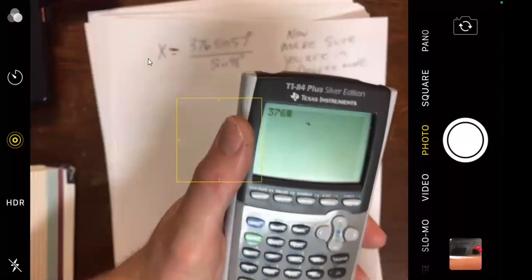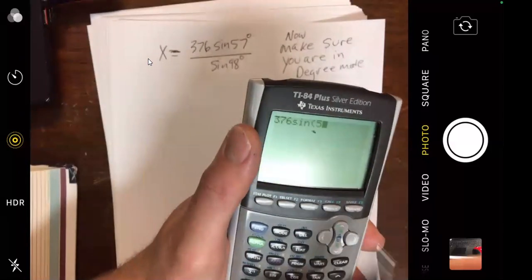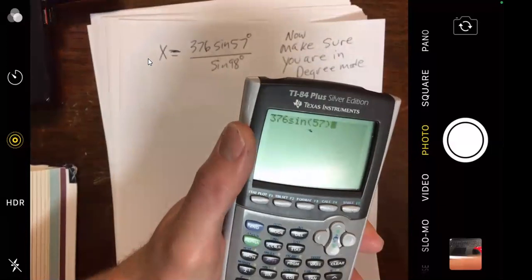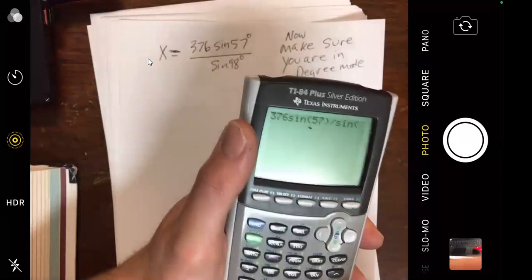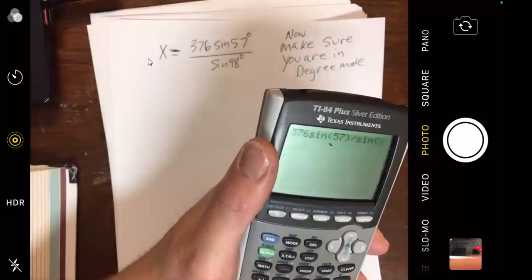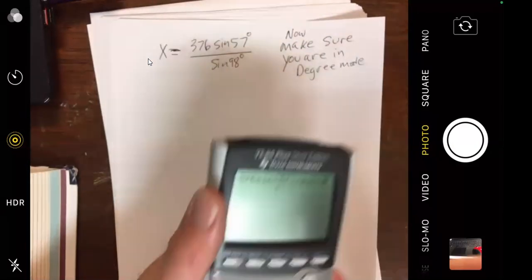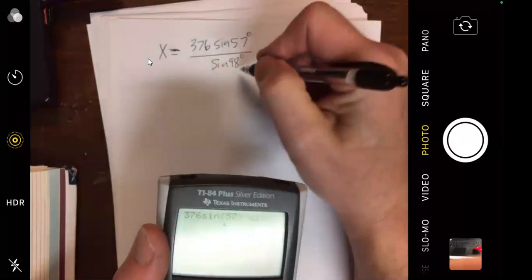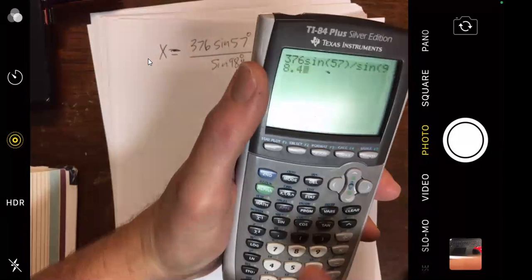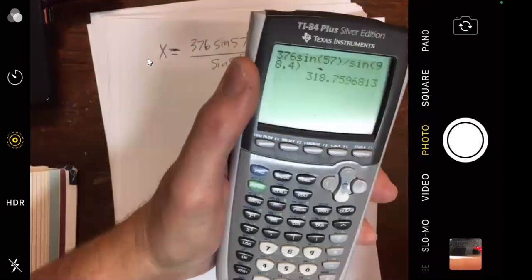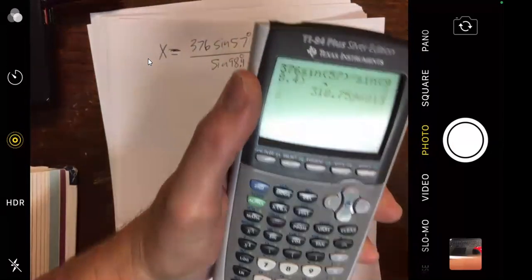376 sine 57 divided by sine, I think I lost the decimal. 98 point, it was 98.4, my fault. 98.4. 318.7596.